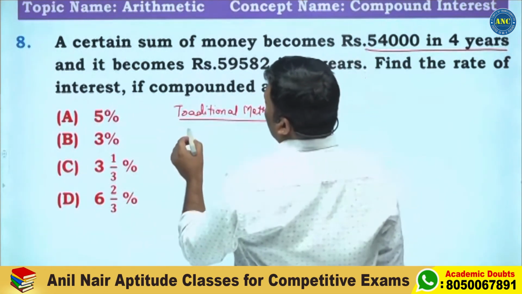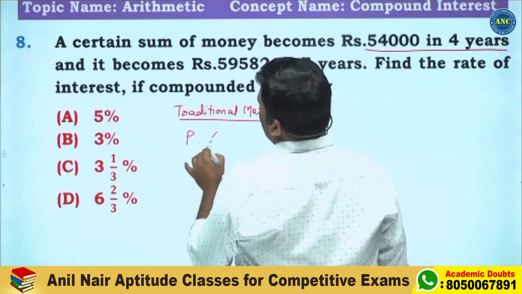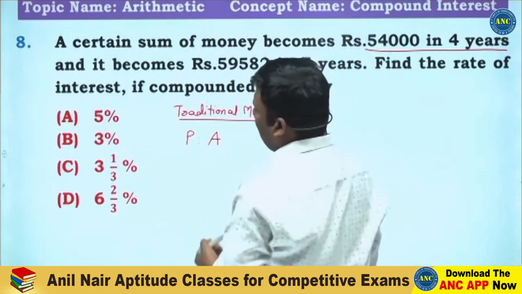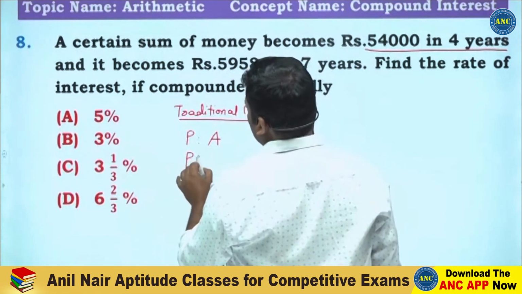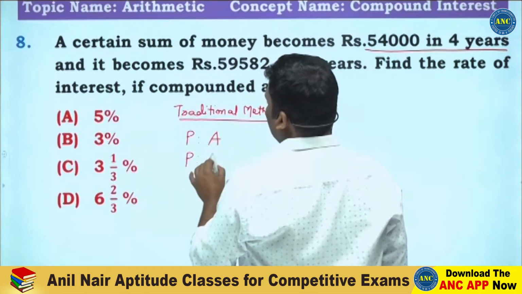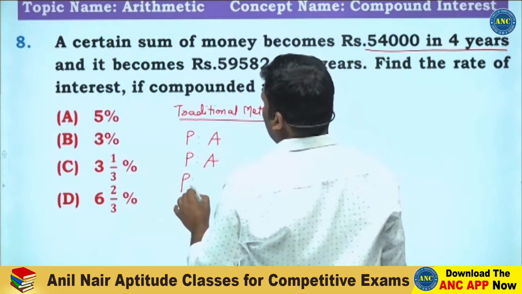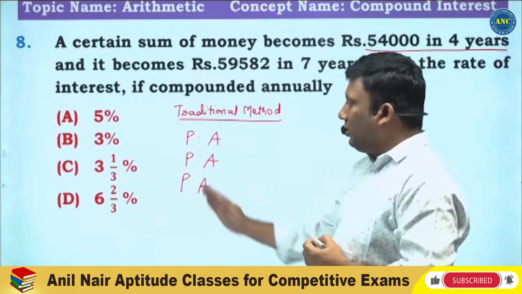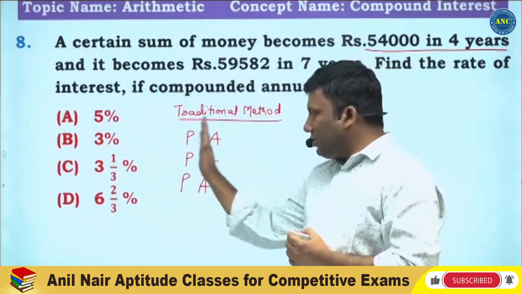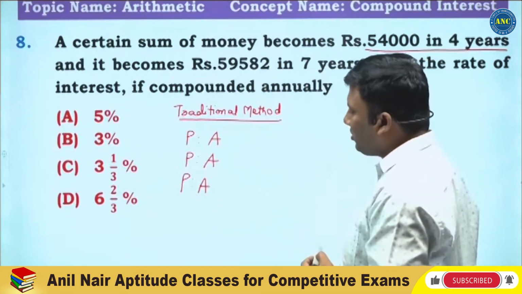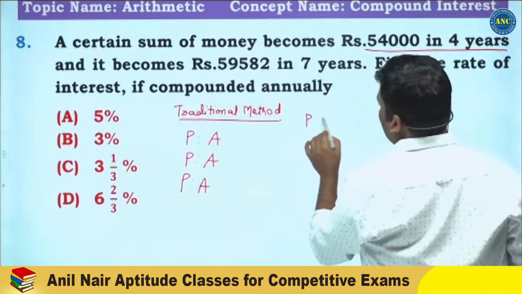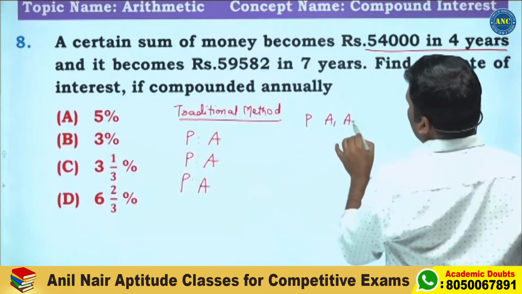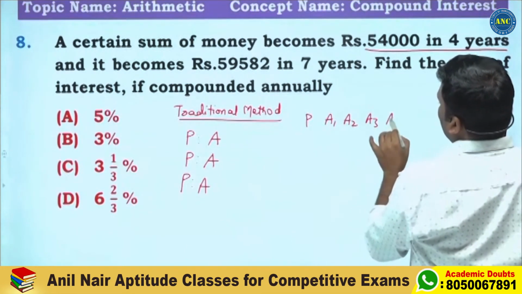So in the 4th year, the principal P becomes the amount A. 4th year beginning, 4th year end. P to A, P to A. This is from 4 to 5, from 5 to 6, from 6 to 7. Or we will write down here P, A1, A2, A3, A4.